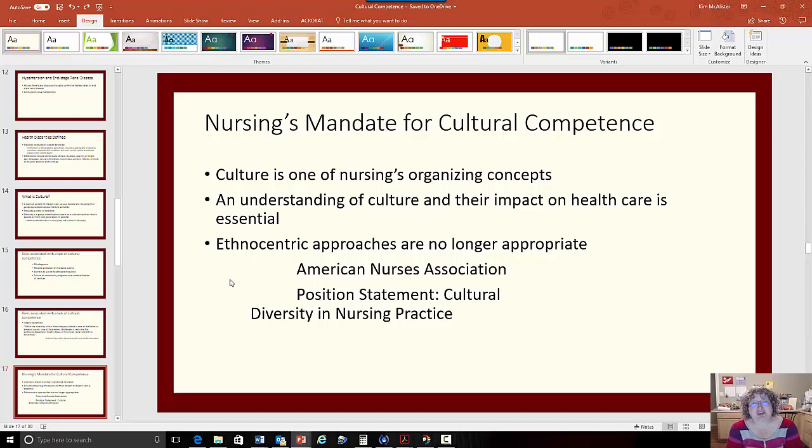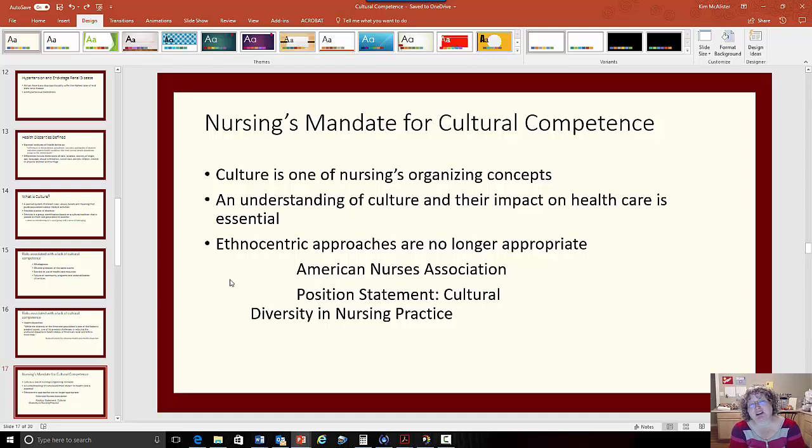So the American Nurses Association does have a mandate for cultural diversity in nursing practice, and we have to understand that ethnocentric practices are no longer appropriate. We can't carry on a practice simply because this particular ethnicity or group has shown to want this particular thing. People belong now to a wider and wider range of ethnicity and people groups.